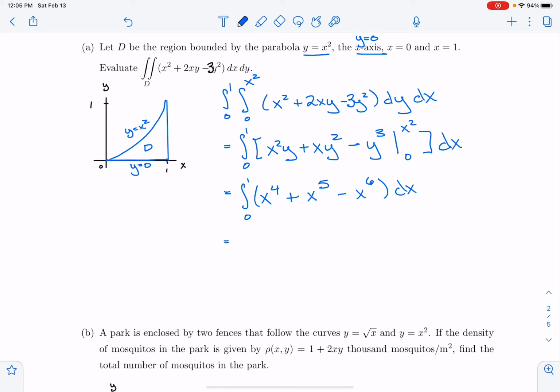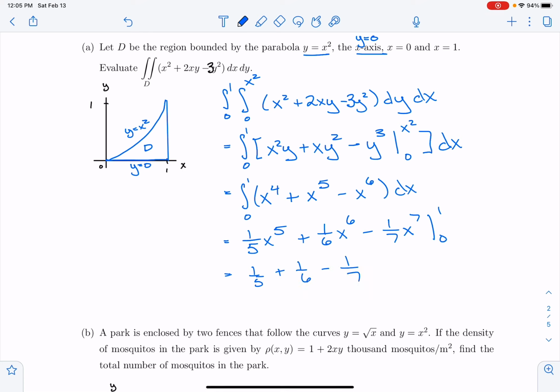That's going to give me 1/5 x to the 5th plus 1/6 x to the 6th minus 1/7 x to the 7th. That's all going to get evaluated between 0 and 1. So essentially I have 1/5 plus 1/6 minus 1/7.